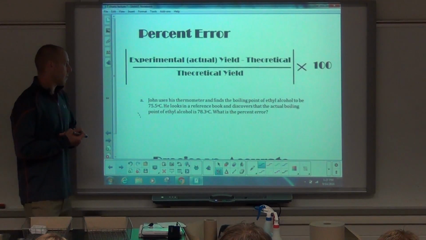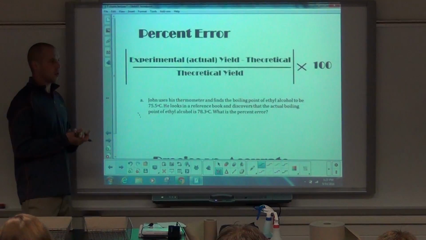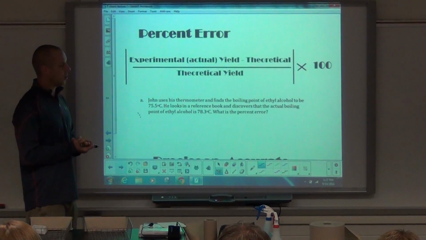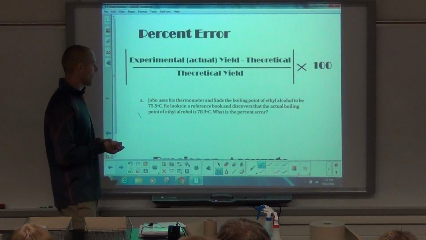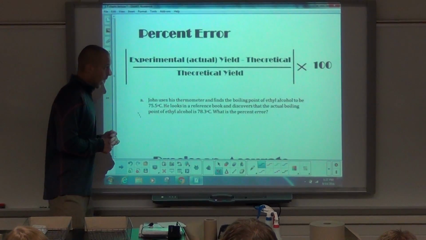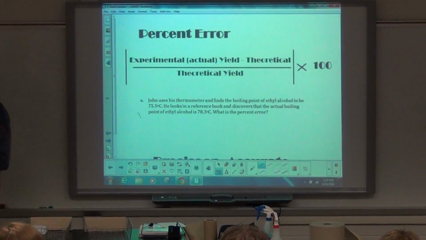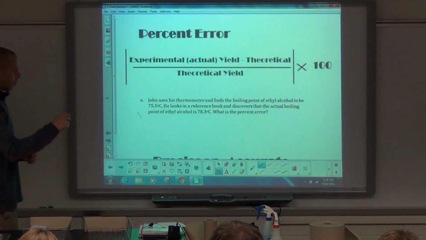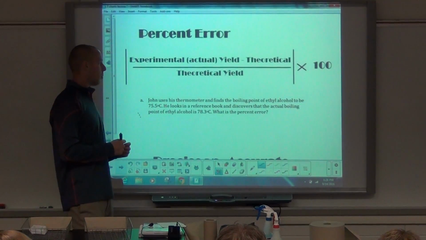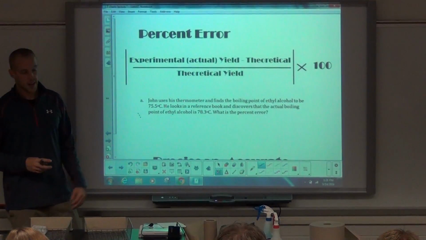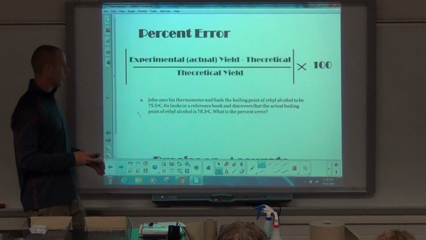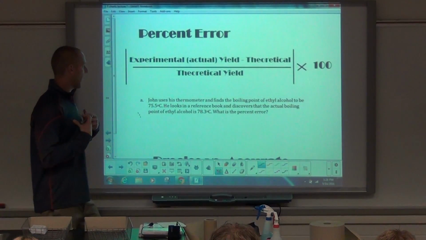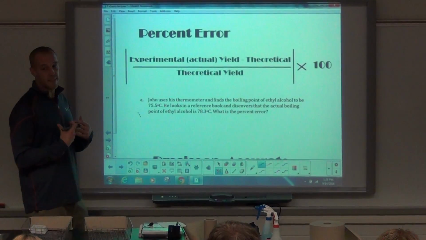So for our example here, we'll say that I was trying to find the boiling point of water. So let's say I went into the lab, stuck a thermometer in water, got up to boiling. When it started to boil, let's say it's at 92 degrees Celsius. That 92 degrees Celsius, that would be my experimental yield, what I found in the lab.